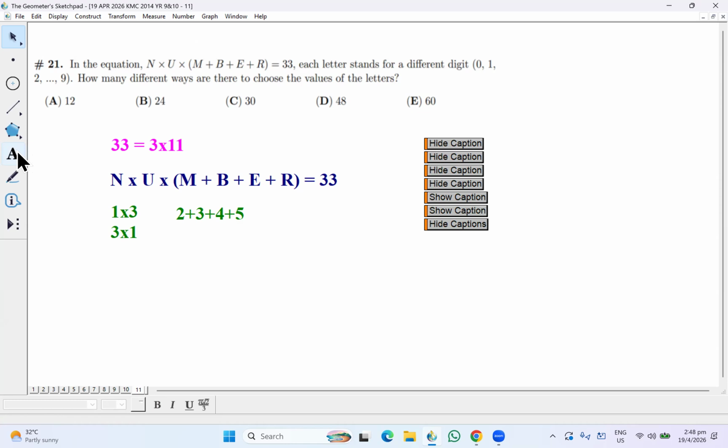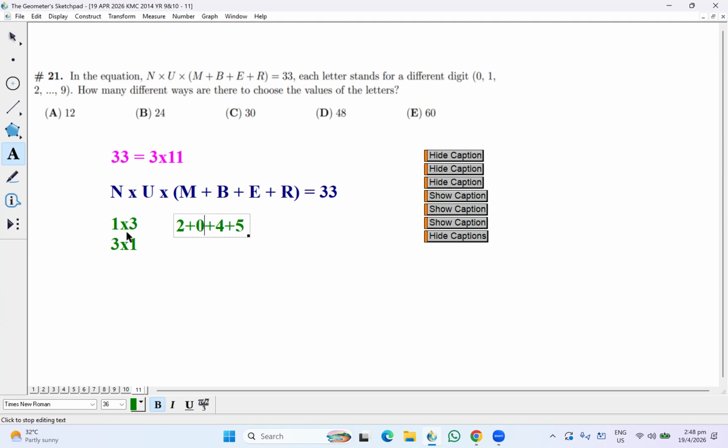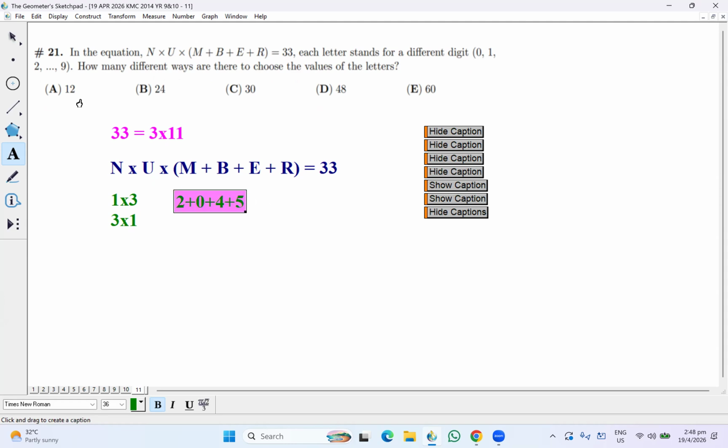Wrong already. You want 11, you put 0. 3 cannot use already. 3, yeah, 0. So this one, 0 can be here, 4 can be here, 5 can be here, 4 ways. Once this one number here, 3 numbers here, 3 ways, then 2 ways, then 1 way. Factorial 4, 24 ways. So 2 times 24 is 48.